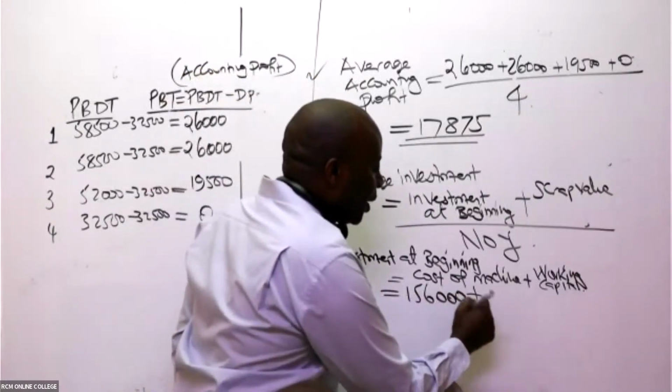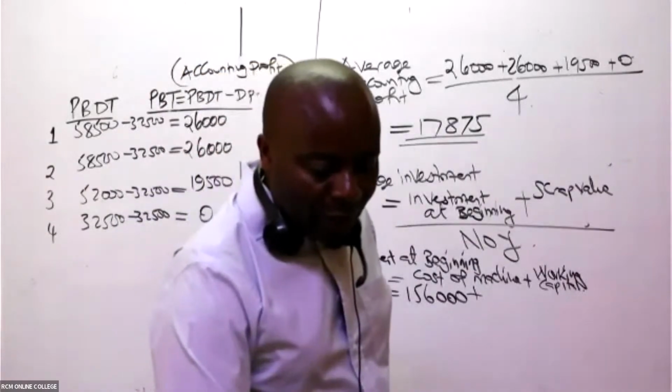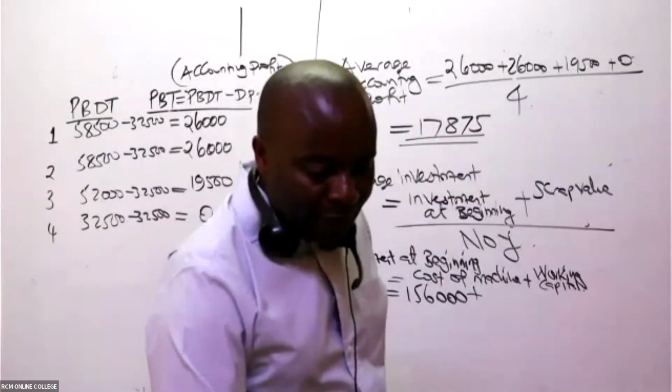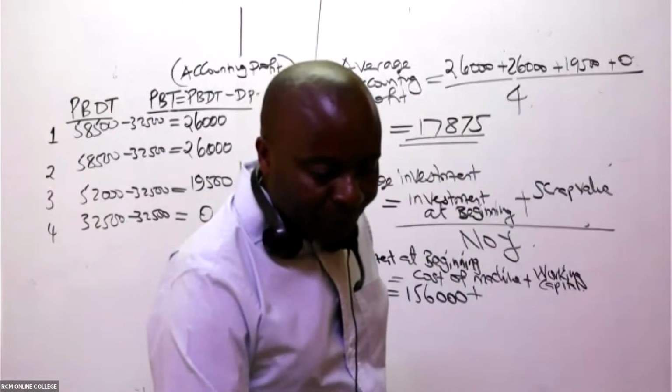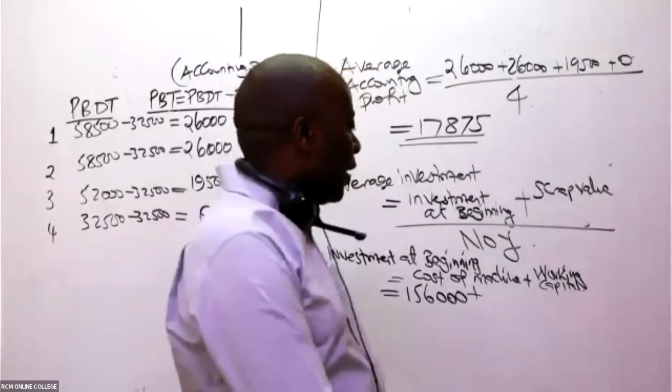Have they given us, in this case, any investment in working capital? You can see here the additional investment in working capital is 19,500. So it will be 156,000 plus 19,500.